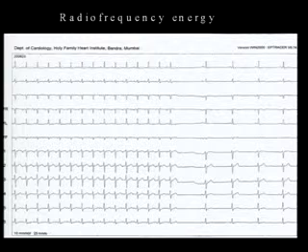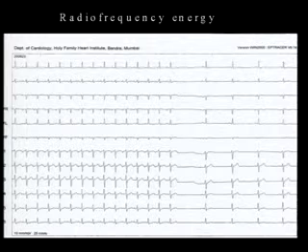Yeah, that's a point which I think is well taken. And in fact, if you look at this slide, your point is validated, because this is a slide during radiofrequency energy delivered at that spot, and you can see an abrupt termination of tachycardia and sinus rhythm at a normal rate restored.